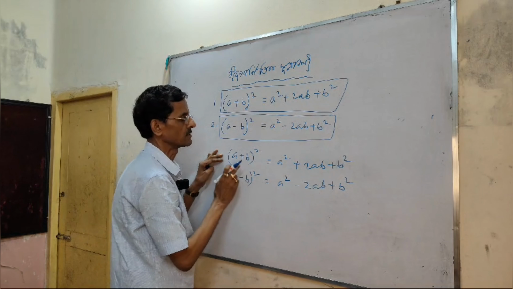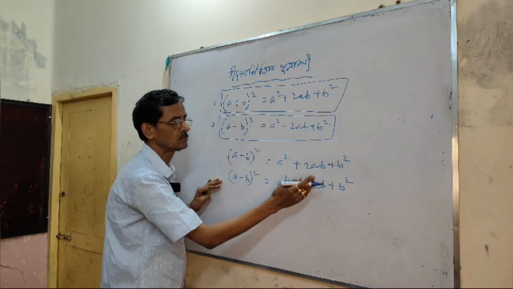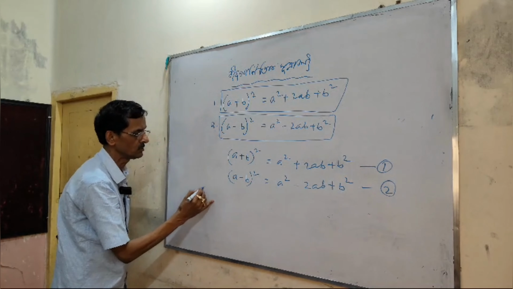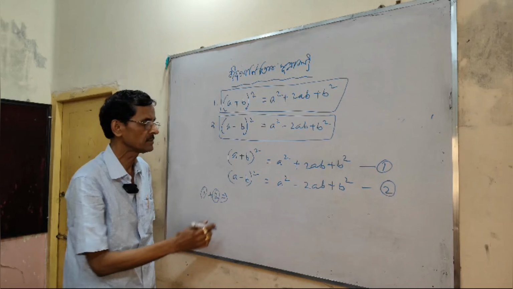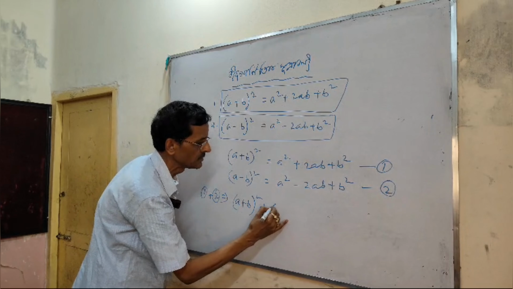These are two equations, it is one equation, it is second equation. If you add these two equations, that is 1 plus 2, which implies a plus b whole square plus a minus b whole square.